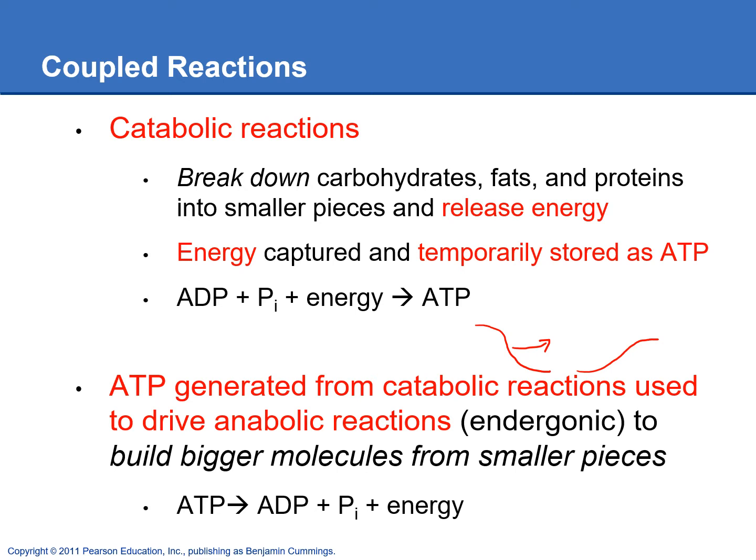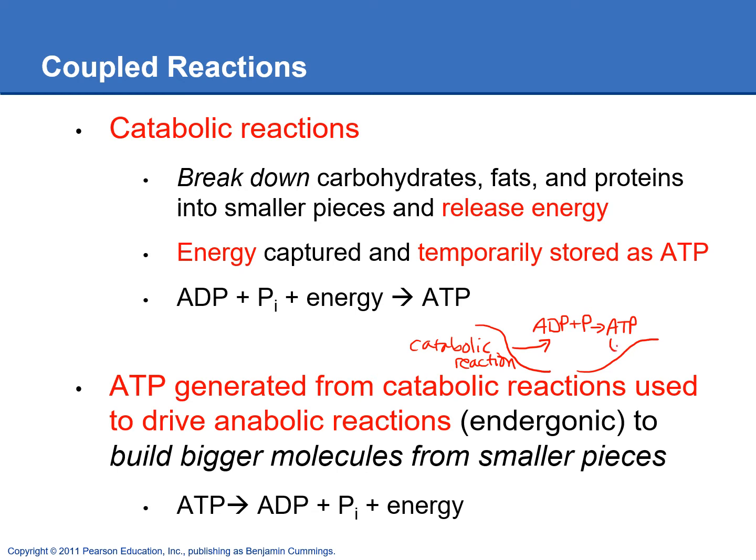We're just going to take that energy released from our catabolic reaction and use that energy to phosphorylate, or put the phosphate group onto, ADP to make some ATP.